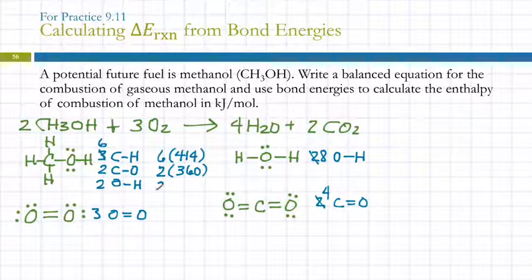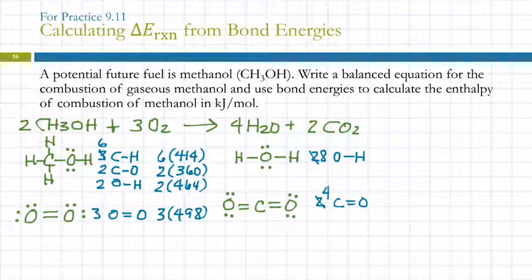And we're breaking 2 moles of oxygen-hydrogen bonds, 464. And 3 moles of oxygen-oxygen double bonds, 498. So we can add all of these up. So we've got 6 times 414 plus 2 times 360 plus 2 times 464 plus 3 times 498.